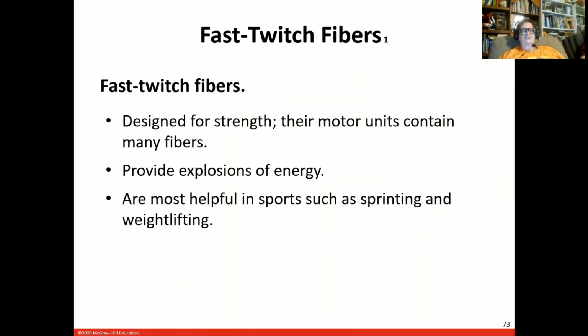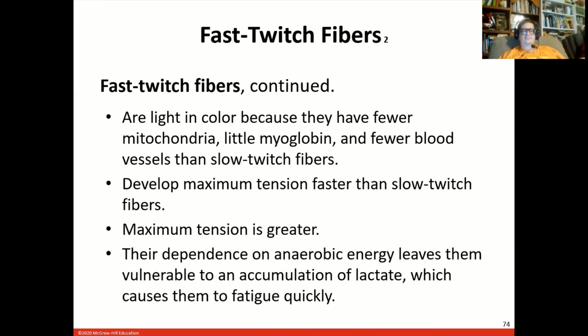So fast twitch fibers are for strength, and their motor units have lots of fibers in them. Explosion of energy, this is what you see in sprinting or weightlifting. Fast twitch fibers are light colored because they don't have as many mitochondria because they're not using the oxygen.